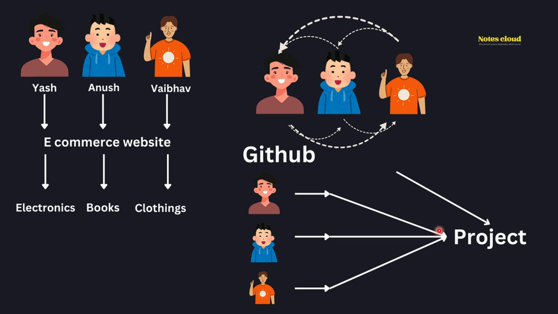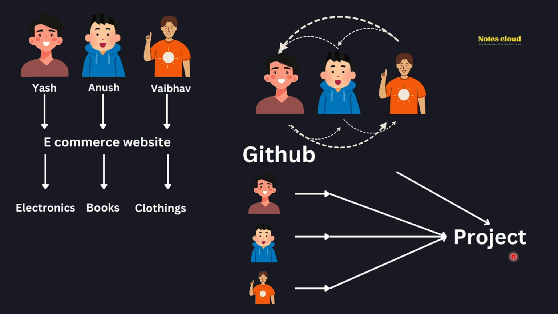Additionally, Git allows them to create separate branches for their work. Yash can work on the electronics section in one branch, while Anush and Vaibhav work on the books and clothing sections in their own branches. Once everyone's work is done, they can merge their branches into the main project with just a few clicks. The process is much more efficient, organized, and saves lots of time.